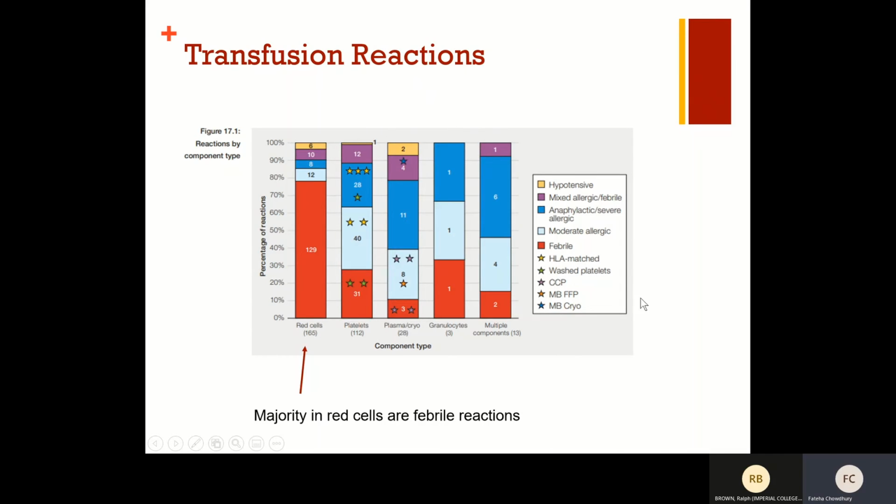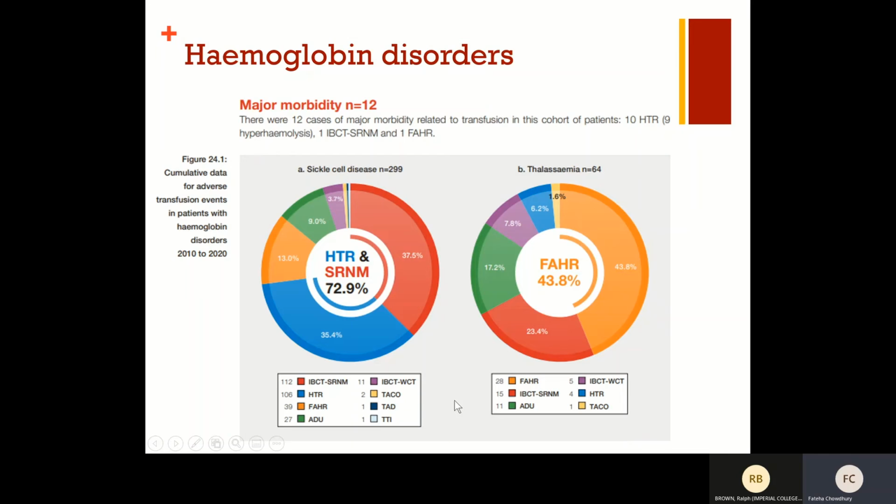The transfusion reactions, the vast majority are seen in red cells, and they're of sort of febrile reactions. And this slide shows you the reports on patients with hemoglobin disorders. So on the left-hand side, you've got the sickle cell patients, and there were 299 reports, and for thalassemia there were 64.